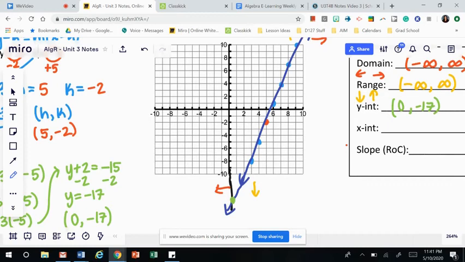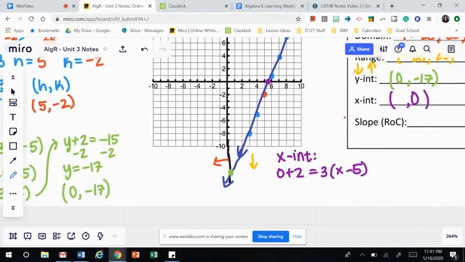Okay, how about the x-intercept? Well, I can see where my graph crosses the x-axis, but again, that's not at an integer value. So I'm going to want to do the same thing as the last example and solve for the x-intercept, knowing that that's where my y value is 0. So I'm going to take my equation and I'm going to substitute in 0 for y. And solve for x.